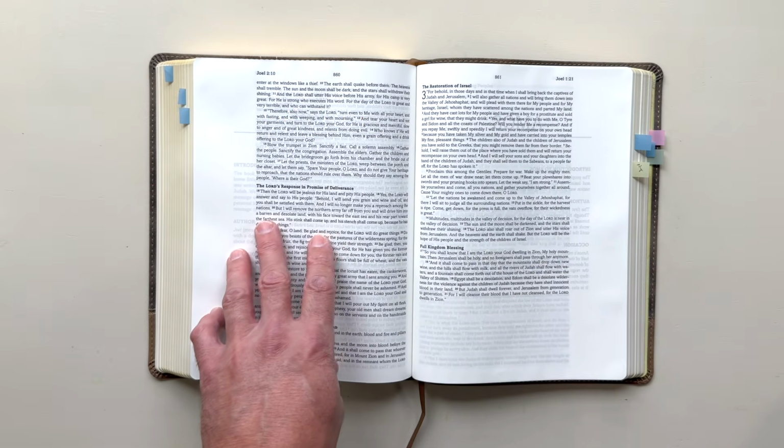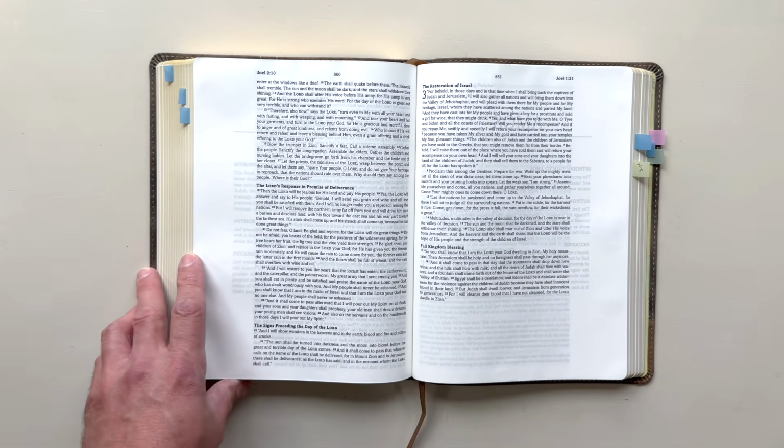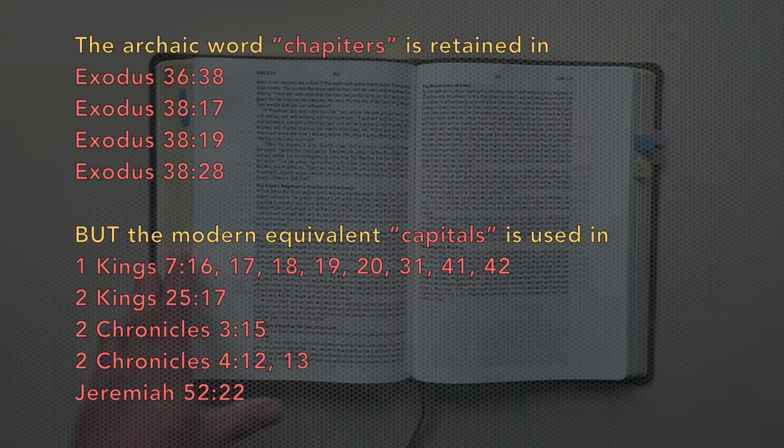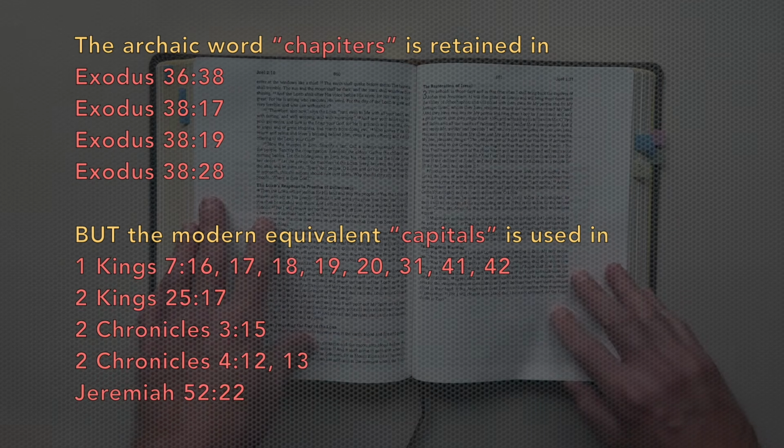And then we've got another one here. These are just some examples. I'm not going to go through every single archaic word, but take the archaic word chapiters. If you don't know what chapiters is, that's just the top of a pole or a post. The modern equivalent is capitals. The archaic word chapiters was retained in Exodus: Exodus 36:38, Exodus 38:17, Exodus 38:19, Exodus 38:28.